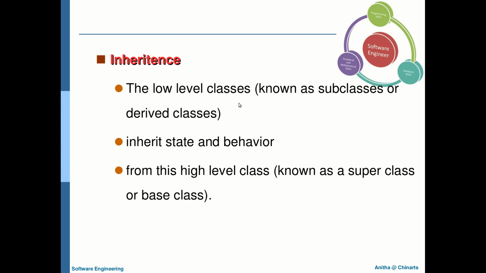The low level classes are called subclasses or derived classes, and they inherit the state and the behavior of a class. These low level classes inherit the state and behavior from the high level classes, which you call the superclass or the base class. All these terms you are already familiar with when you have studied your object-oriented programming language.